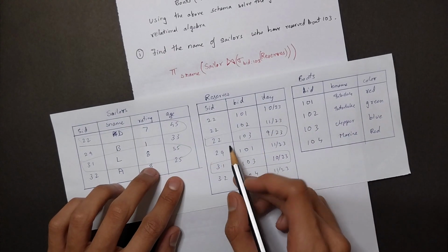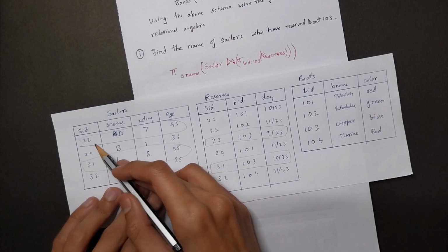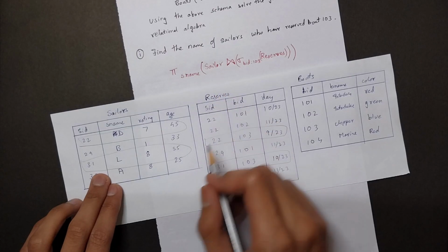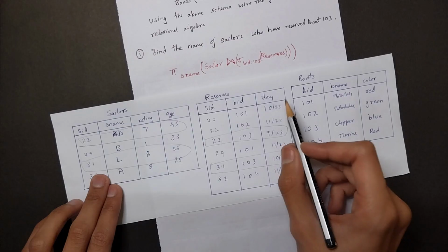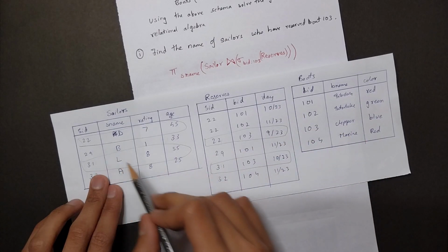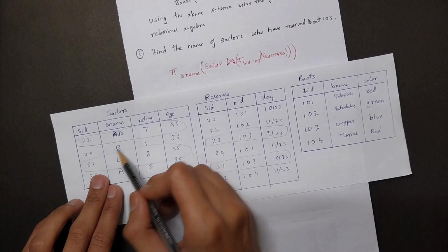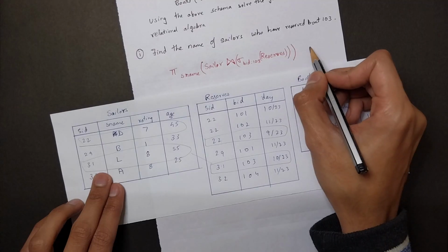You found that 22 and 31 have 103 in this table, right? Now you project only the S name. You have SID, S name, rating, age, then BID and day all combined, and only two rows here. You choose the S name to be projected, that is D and L, and the final output will be D, L.